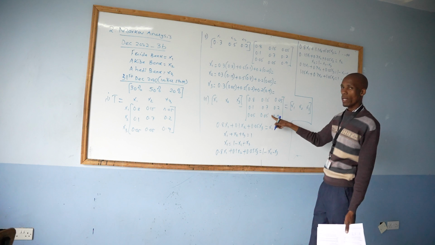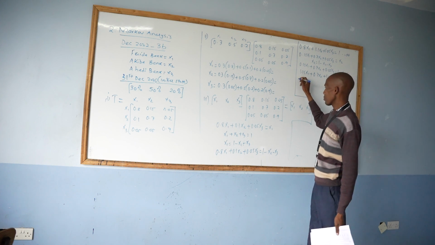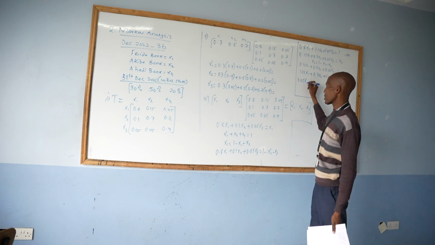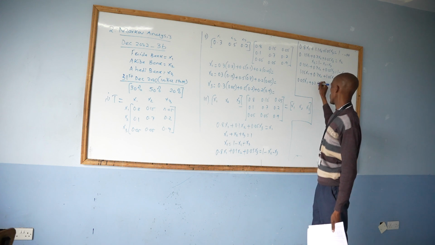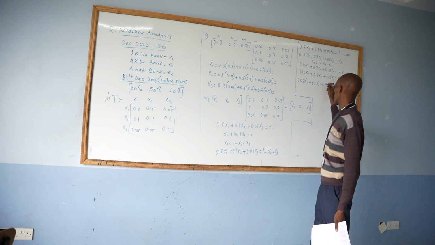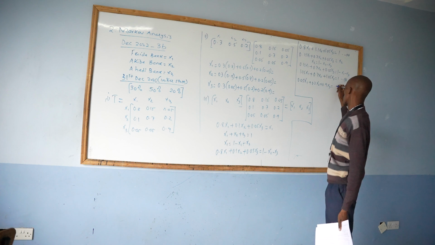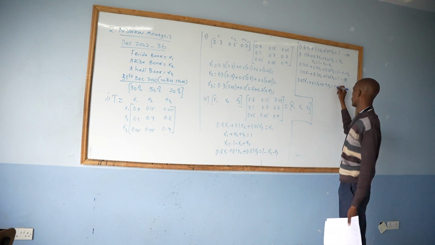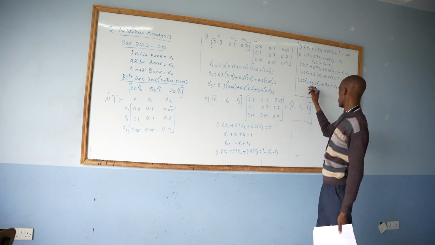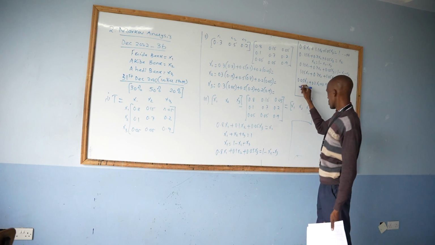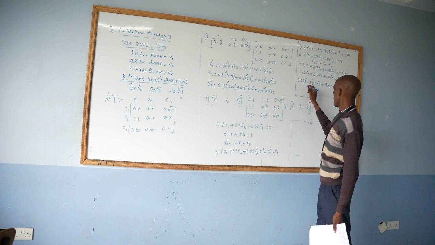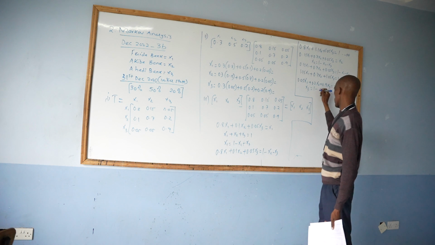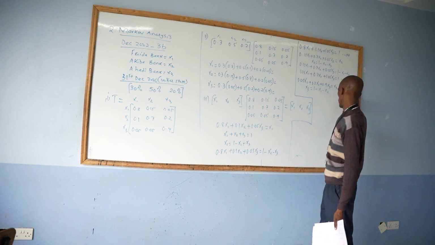So we now do the third equation. Take this multiplied by the third column. So it will be 0.05x1 plus 0.2x2 plus 0.9x3 equals x3. Remember, x3 will be 1 minus x1 minus x2.